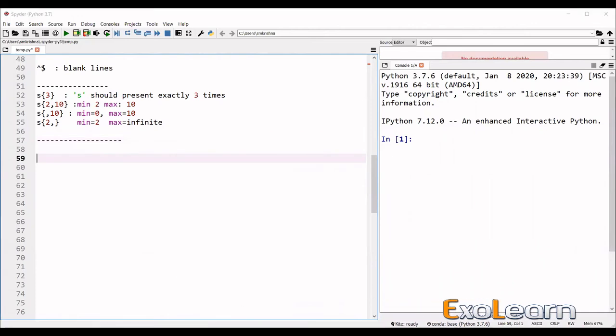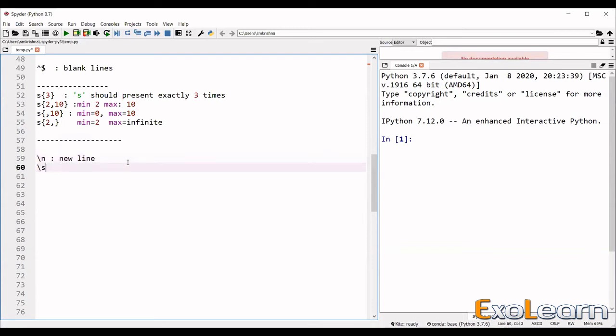And the next symbols we have are some shortcuts. If you are representing a new line, the symbol we have to use is slash n. Slash n stands for a new line. Similarly, slash t stands for a tab.